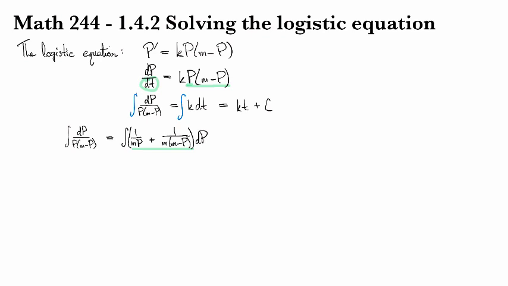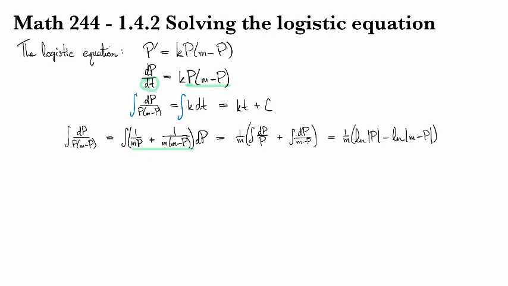Carrying on from here, I can pull out the common factor of 1 over M, and then we have the integral of 1 over P dP and the integral of 1 over M minus P. Both of those are just going to be logarithms. So we have 1 over M times natural log of P minus natural log of M minus P.